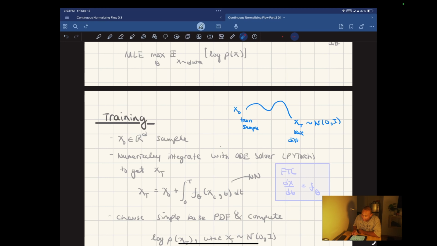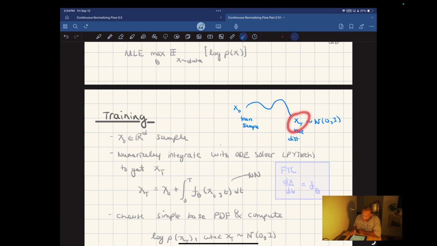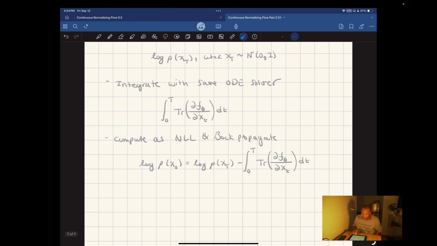That means the original density is going to be smaller. You need to subtract the amount you've expanded from the density that's here to get the estimate of the log density of your training sample.